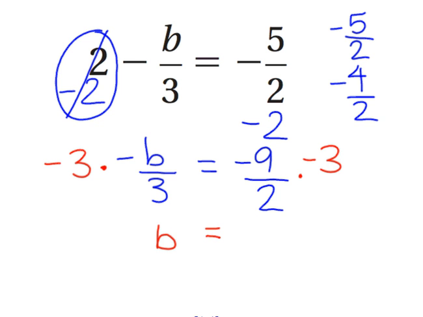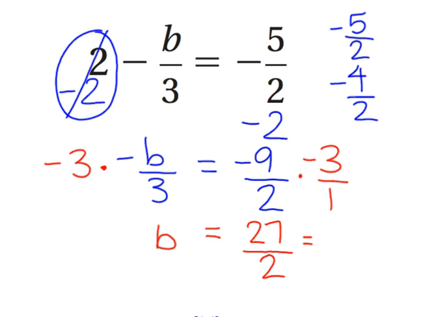And then on the right-hand side, if it helps, you can line up your whole number over 1. And then we can multiply straight across. So negative 9 times negative 3 is positive 27, and 2 times 1 is 2. And then just as we saw before, from this point we can either change it into a mixed number or into a decimal.